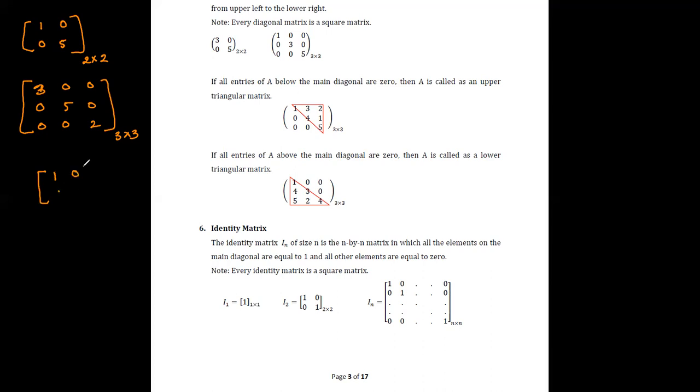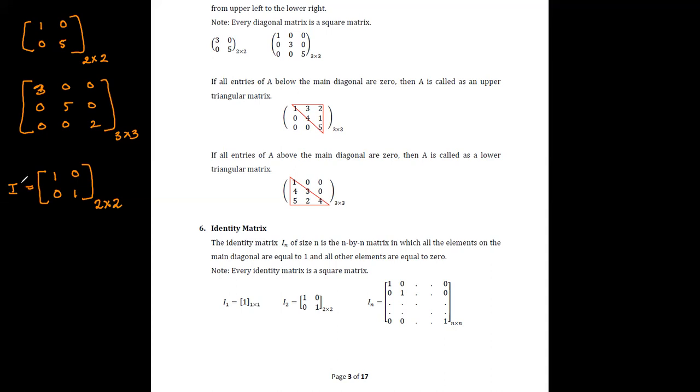Here we can see that all the elements off the diagonal are zero, as well as all the elements in the main diagonal are ones. If all the elements on the main diagonal are 1 and all the others are zeros, then such a matrix is said to be an identity matrix. Here we are using the letter I to denote the identity matrix.